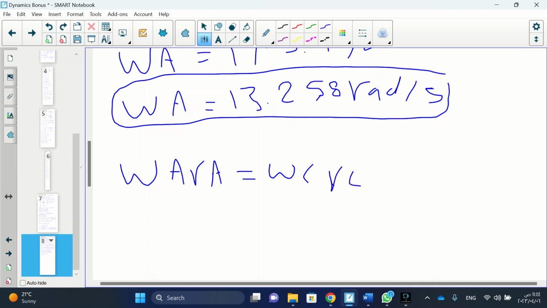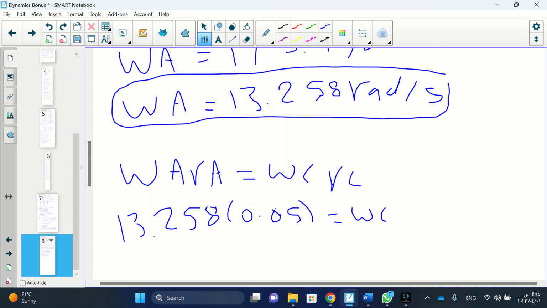Okay, so omega A we just got as 13.258 times RA, which is 0.05, is equal to omega C times RC.